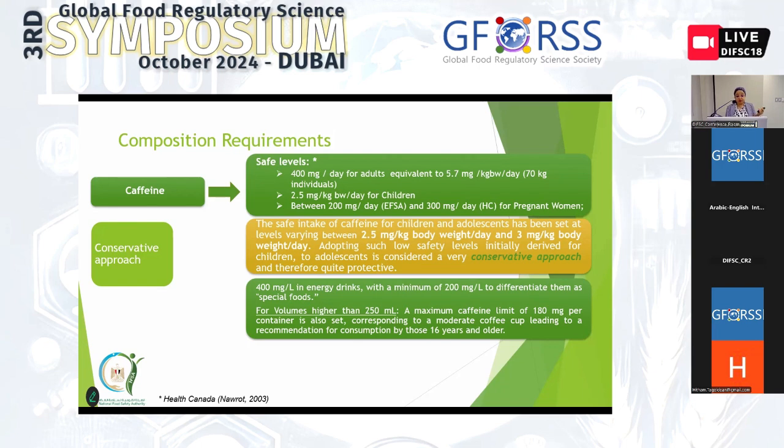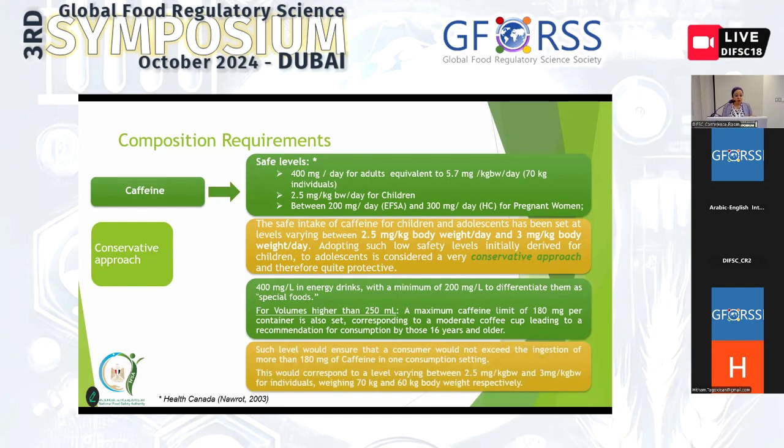For volumes higher than 250 milliliters, a maximum caffeine amount of 180 milligrams per container is also set, which corresponds to a small cup of coffee. And this was considered a conservative approach of allowing caffeine and could be recommended for consumption by those 16 years or older.